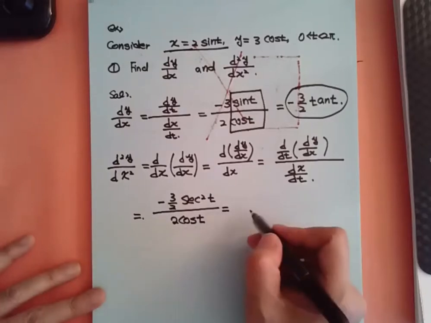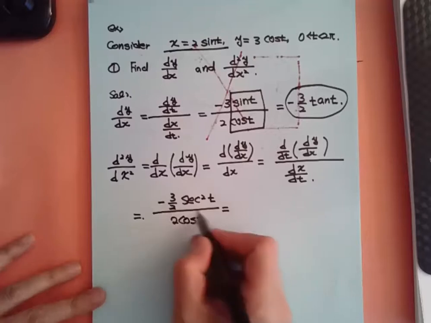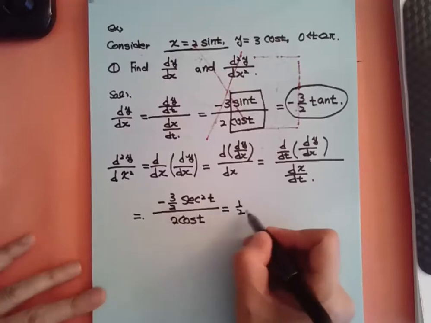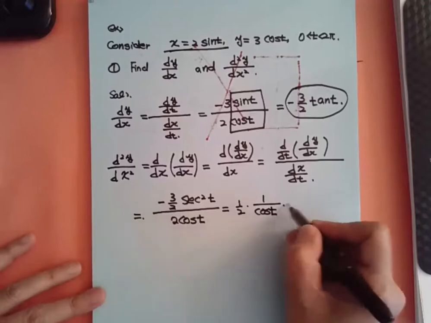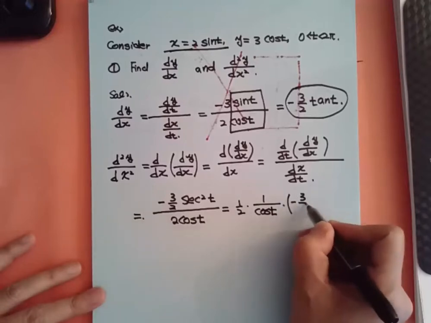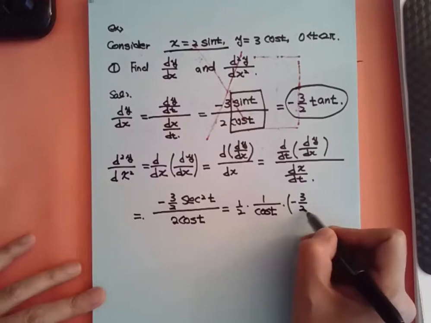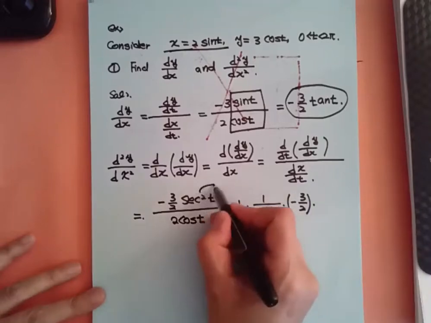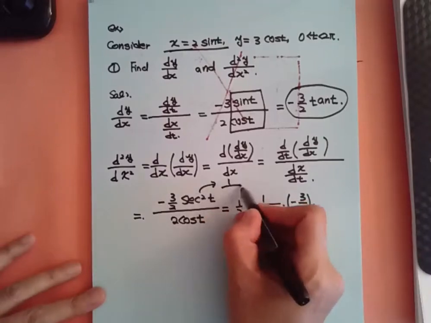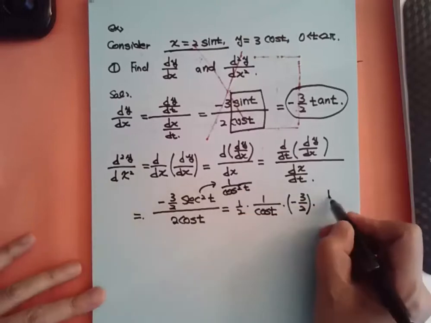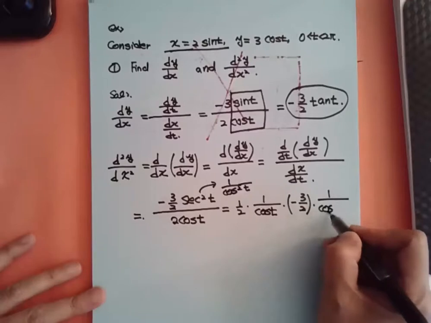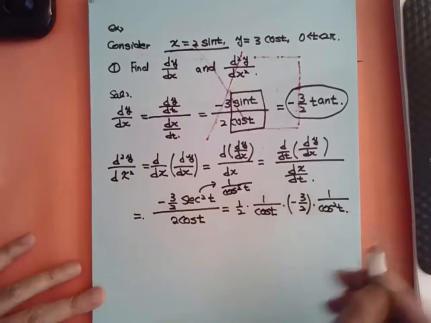So we can write this one as 1 over 2 times 1 over cosine of t. The numerator can be written as 3 over 2, and secant is 1 over cosine, so secant squared is 1 over cosine squared of t.